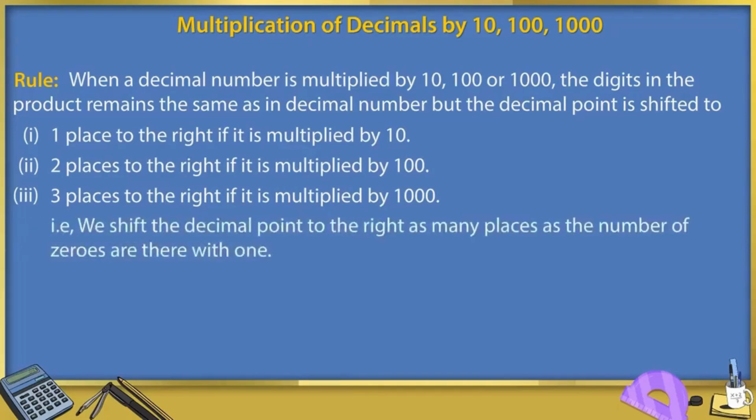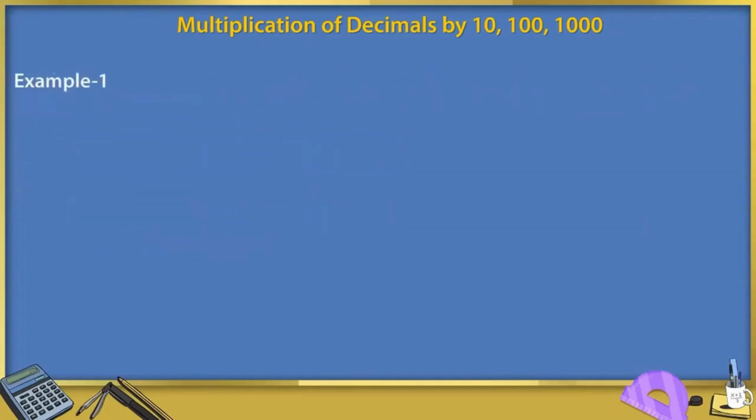That is, we shift the decimal point to the right as many places as the number of zeros there are with 1.